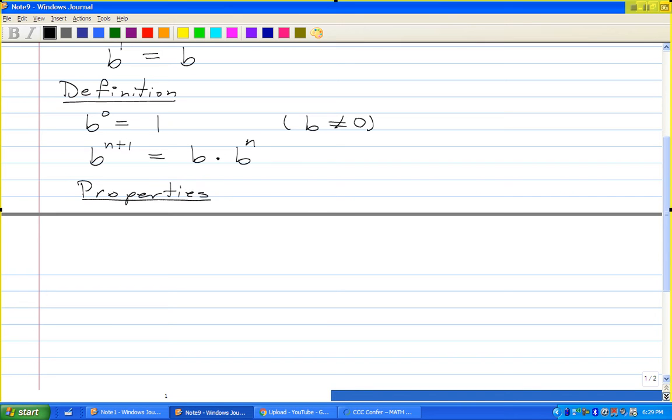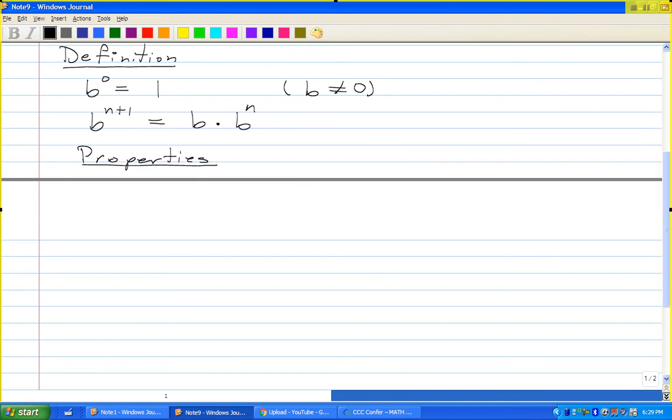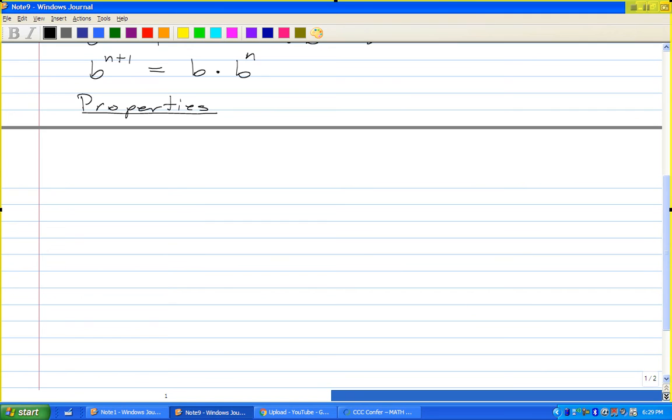So let me give you some properties. For exponents, let me assume that the base is not 0. And I guess I'll have more than one base. So assume b is not 0 and a is not 0. So these will be two differing bases.